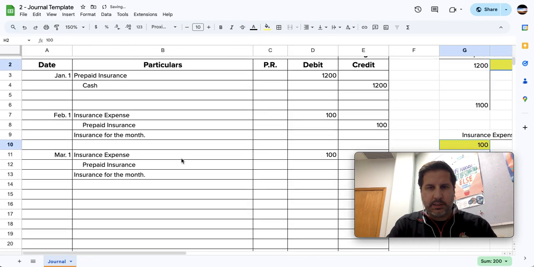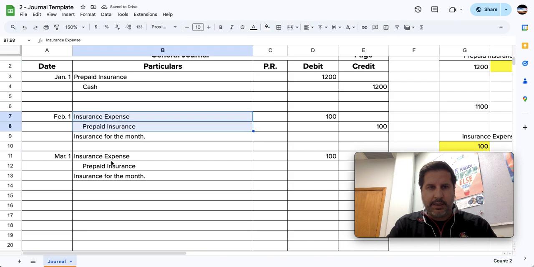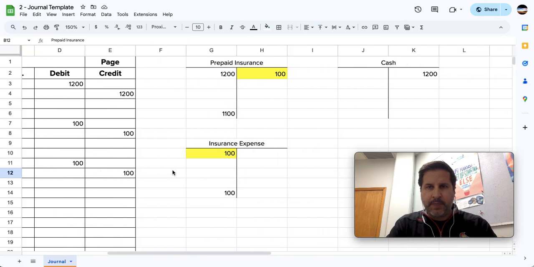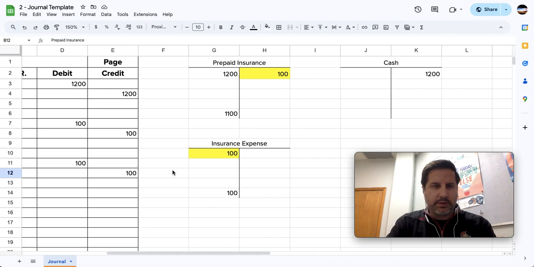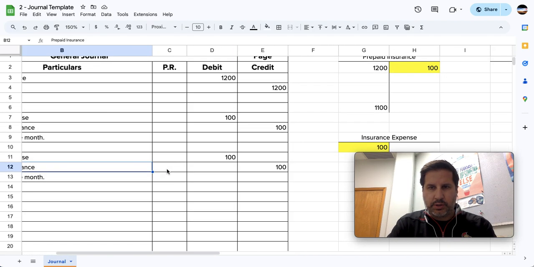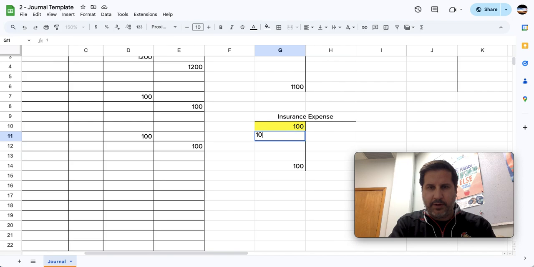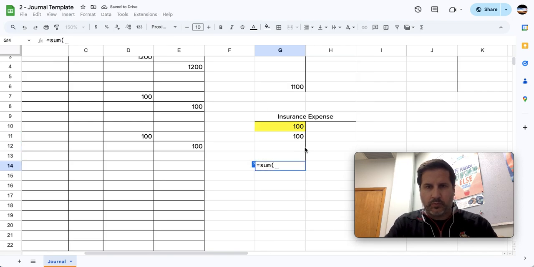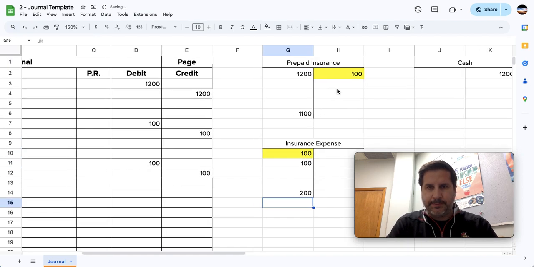And it's represented right here and here and so on. So as I go through the months, if I do March, I will have another $100. So now my insurance expense for the year is $200.